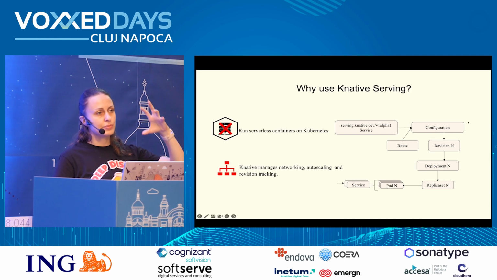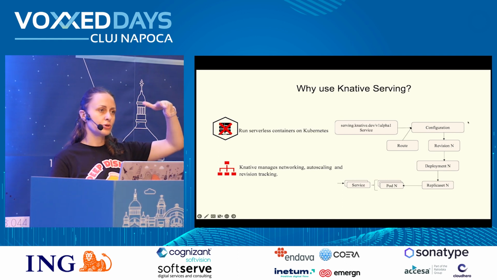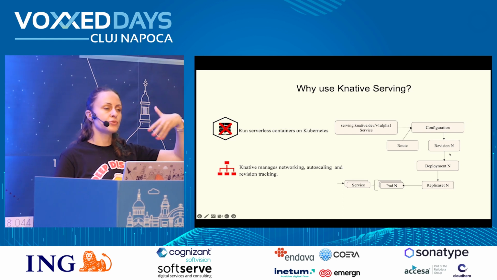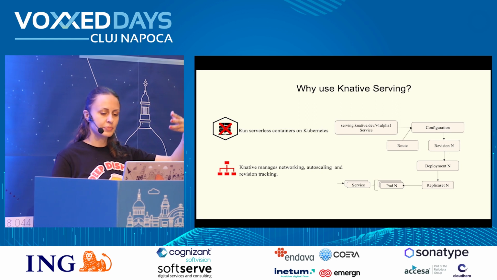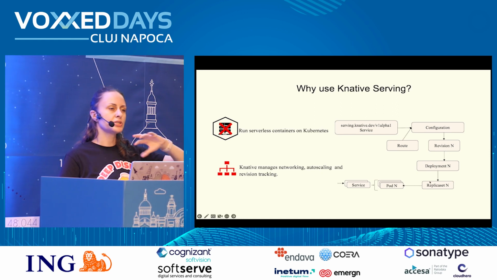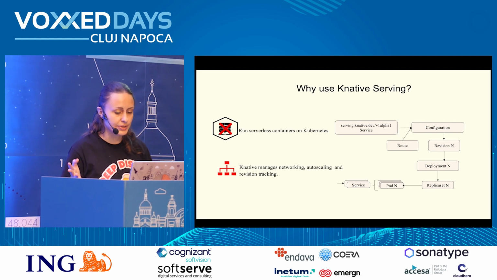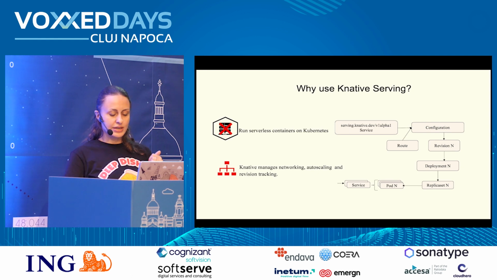By that configuration, I mean the route you're using to access your application, the revisions of your deployment, so it's aware of the revisions of the deployments that you have done, and it collaborates with the deployments and can split the traffic across those deployments. That's the power of Knative Serving.